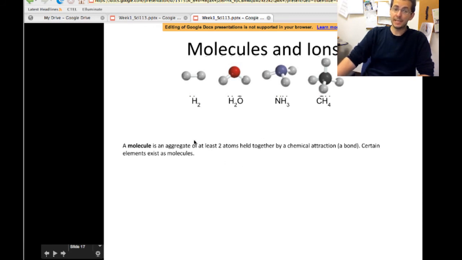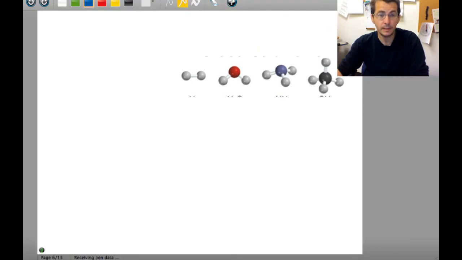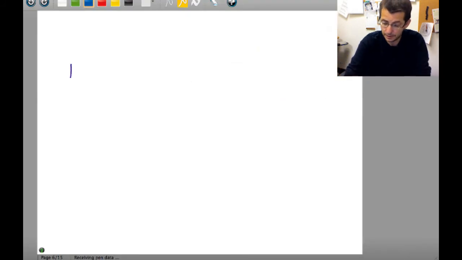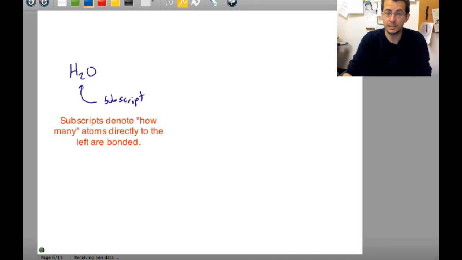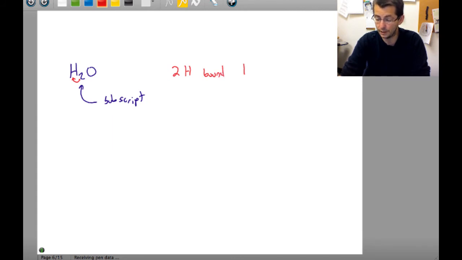But the way we represent these, we can represent molecules held together using little symbols called subscripts. So we can use the subscripts to talk about the elements. The subscript is immediately operating on the element next to it. So H2O would represent 2 H atoms bound in some fashion to 1 oxygen atom.